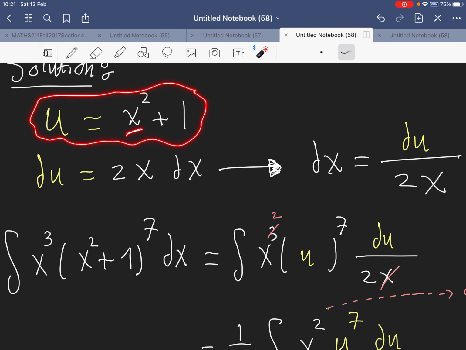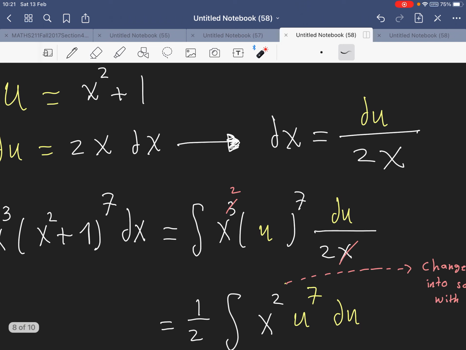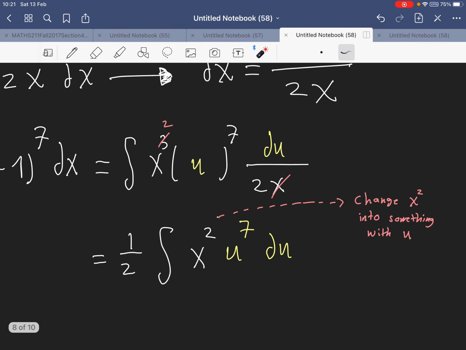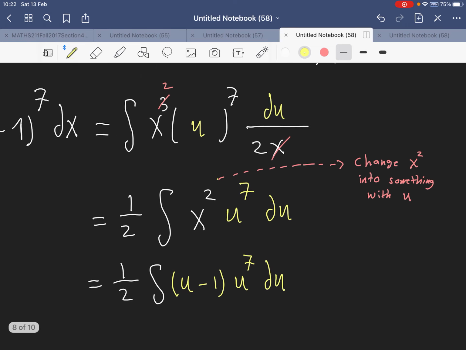I don't want x squared, so x squared on one side will be u minus 1, because I will just move the 1 to the other side. I will get exactly what I need. So here will be just half. As we said, instead of x squared, I will write u minus 1, u power 7 du.